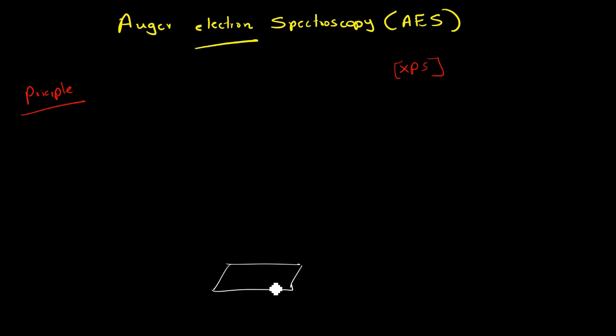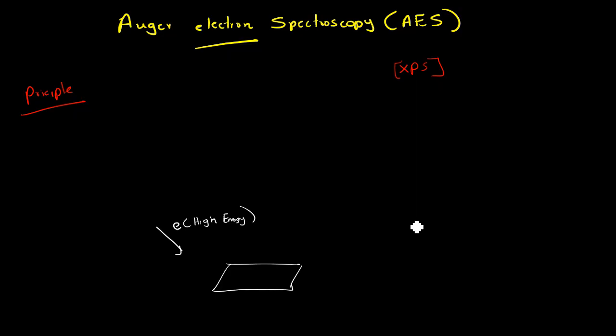What we are going to do is send high energy electrons and bombard the surface of our sample with them. Now, in our sample there are some elements, like carbon, platinum, lead.